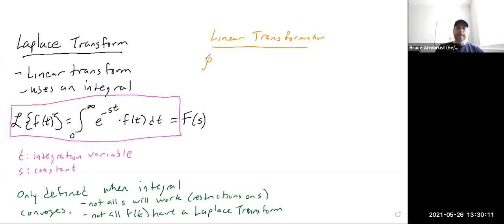Think about what you need for a linear transformation: that addition carries through, as does scalar multiplication. Hopefully I'm not telling you anything you haven't heard. I'm sure Larry talked about this last quarter, but this is what it means to be a linear transformation.